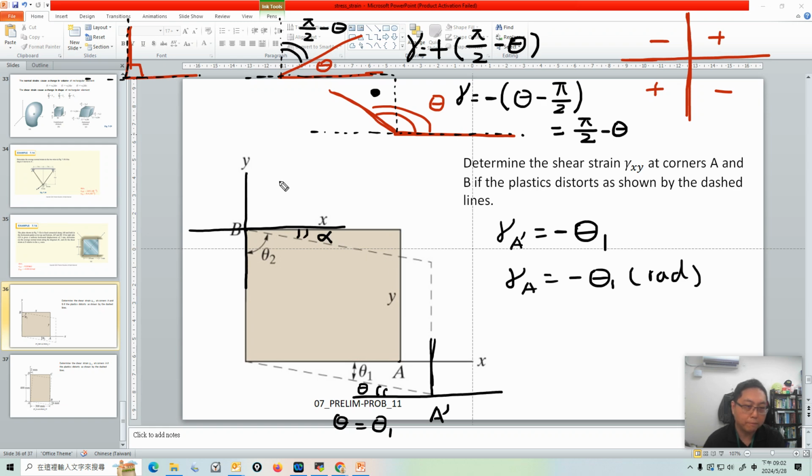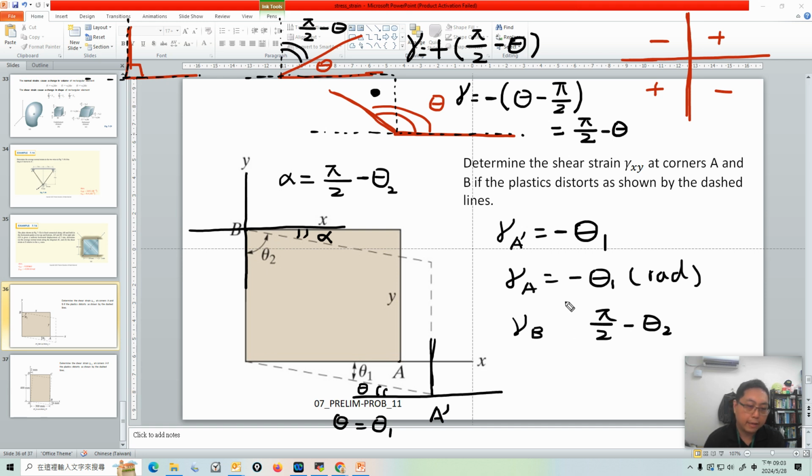Here is alpha. What is the relationship between alpha and theta 2? Because this is 90 degrees, alpha is equal to pi over 2 minus theta 2. So the shear strain at B is pi over 2 minus theta 2.